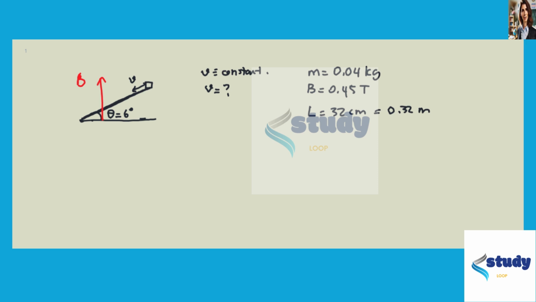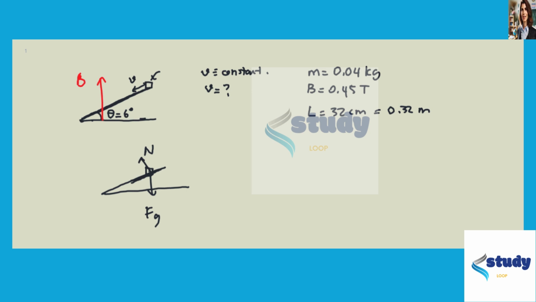First of all, we're going to have to draw a free body diagram of the bar, which is this guy here. If this is a bar, we have the gravitational force acting on it. This is the inclination, so we have the normal force exerted by the surface on the bar.